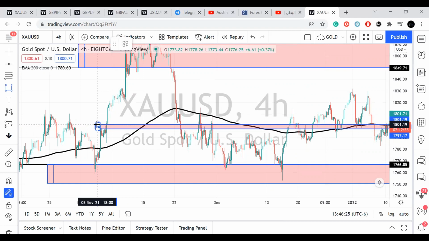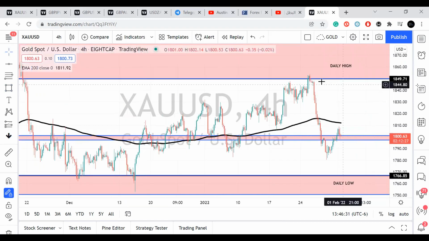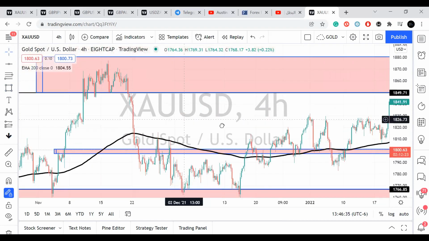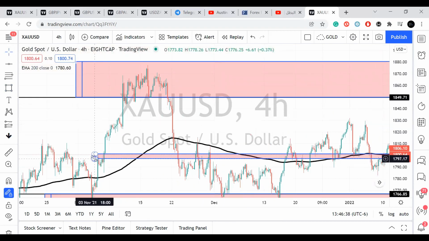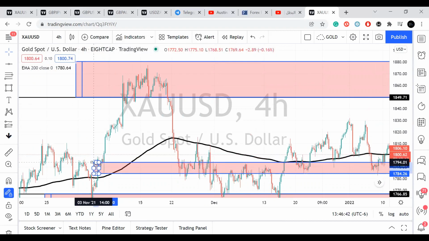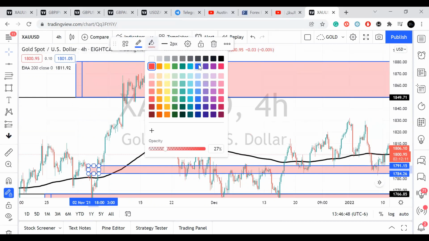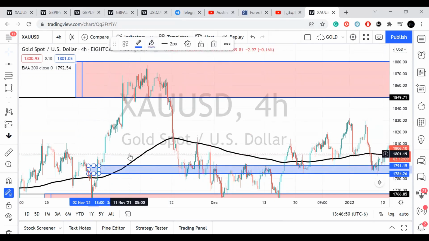Now that price is about dropping, this place won't be on top anymore. It's going to be here, to cover this wick to the body. So it's going to be there. For the H4, I use blue line.